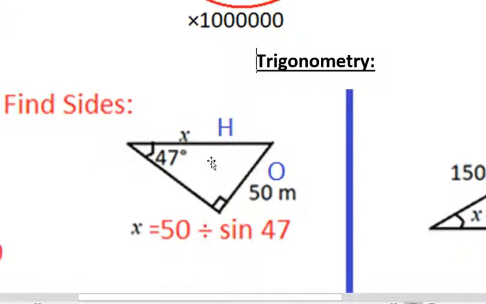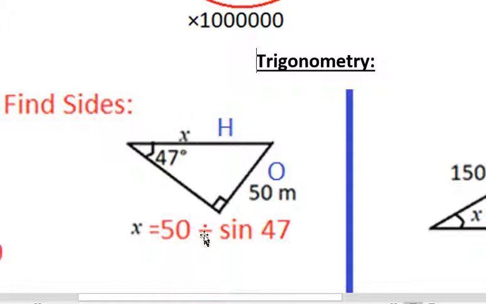And the final step is to figure out whether to use divide or not. Now we use divide when we're trying to find the long side. So we have a letter here on our long side, and that means we're trying to find it. So when there's a letter on the long side, you're trying to find it, we use divide.